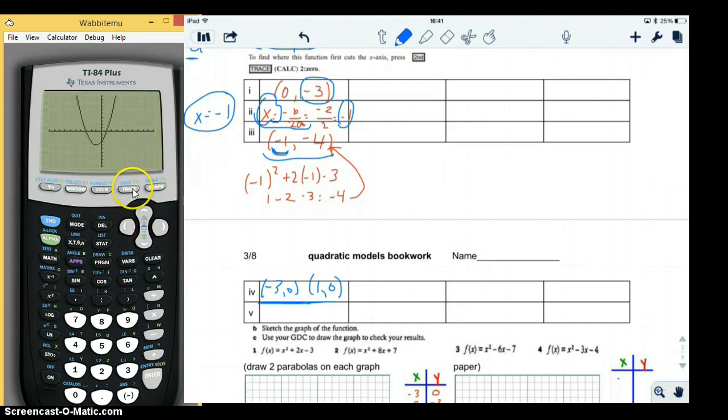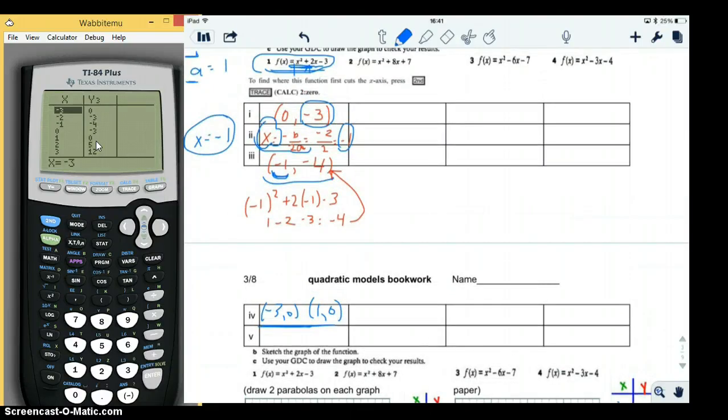Another way to do it is, since in math studies we use a lot of whole numbers, you might be able to just do second table, and it'll give you values on the parabola, and then we can see that, look, the x value of 1 yields a y value of 0, so that would be an x-intercept. And then we would find the other one here at negative 3 comma 0. So through the table you can also see when the parabola is going to be y equals 0. Okay, that doesn't always work if you don't have integers for the points.